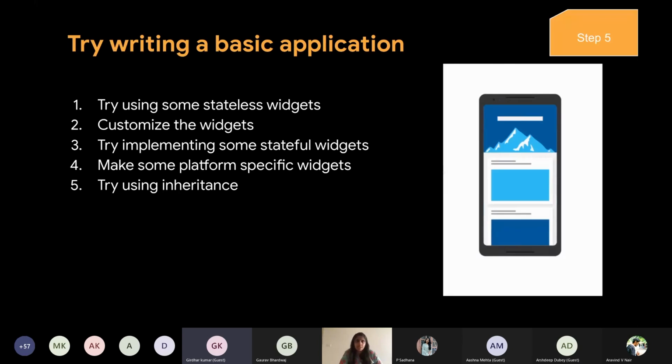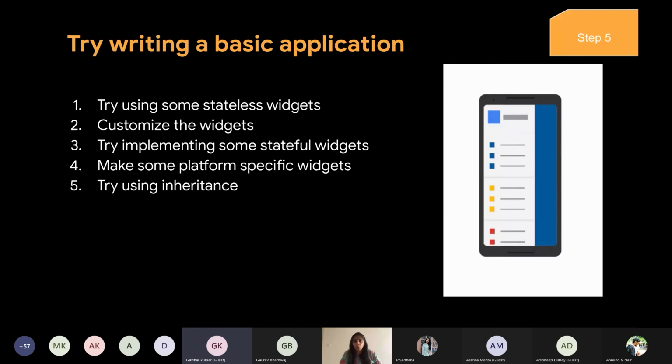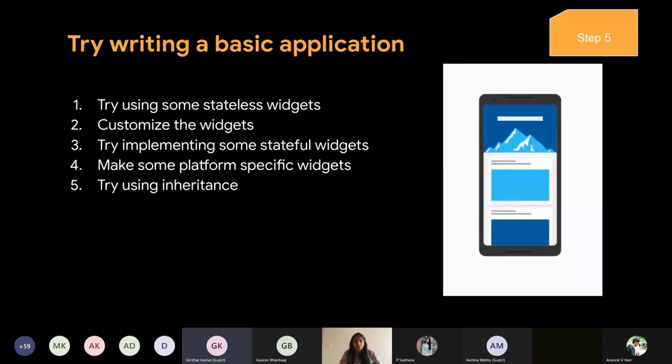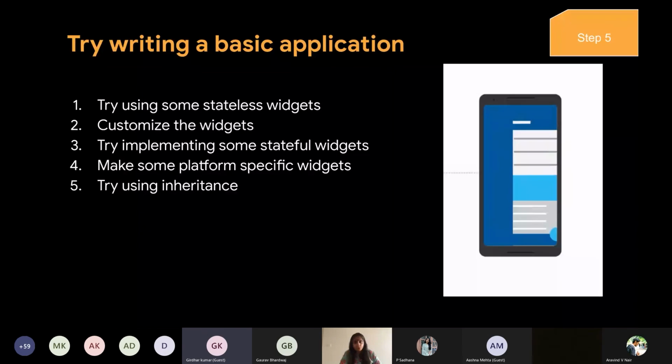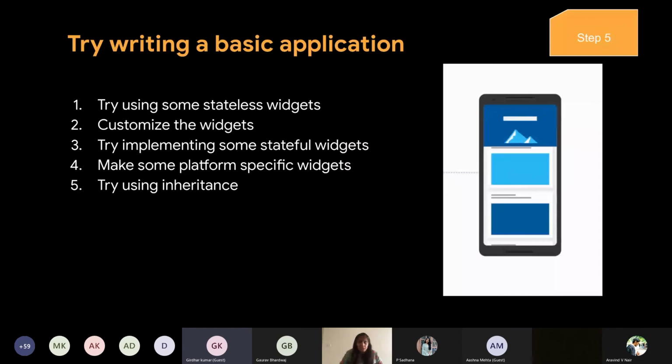So once you understand how you can write different widgets, for example, try adding a row, column, text, button, image, text area to your Flutter application, you know a little bit on how different widgets work in Flutter. Then what you can do next is try writing a basic application which has some stateless widgets.